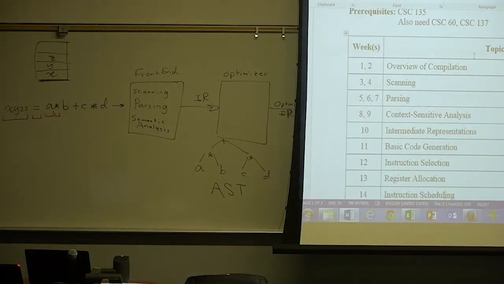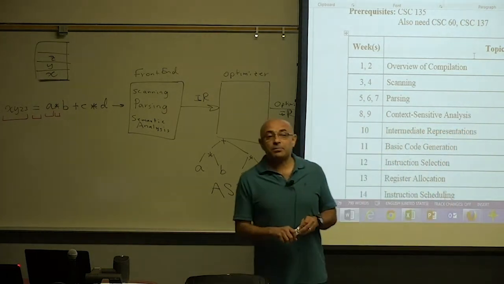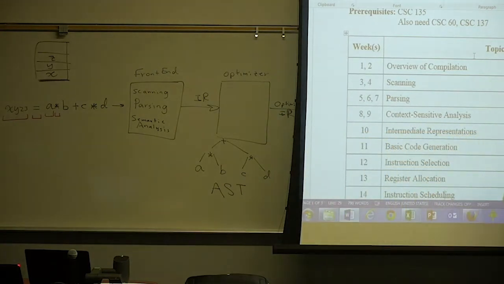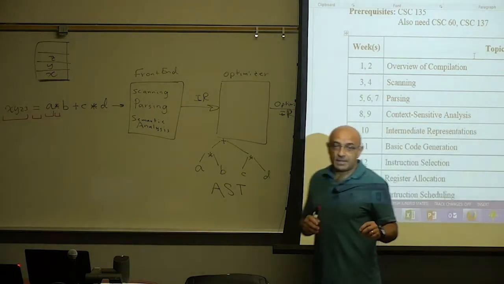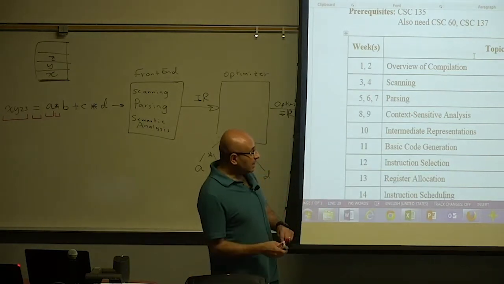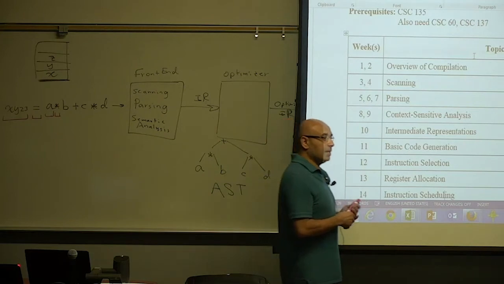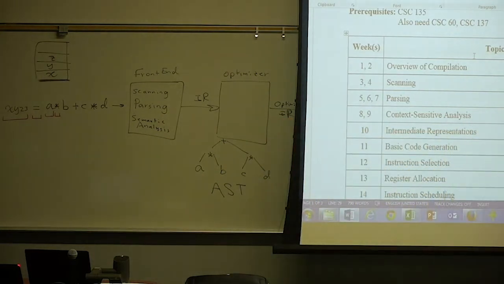Until I took a compiler course, I realized that being a good programmer is not sufficient to build a system that is as intelligent as a compiler. So no matter how good your programming skills are, if you don't learn the science that people have developed in order to be able to build a compiler, you will not be able to build a compiler. So you'll have to learn that science.